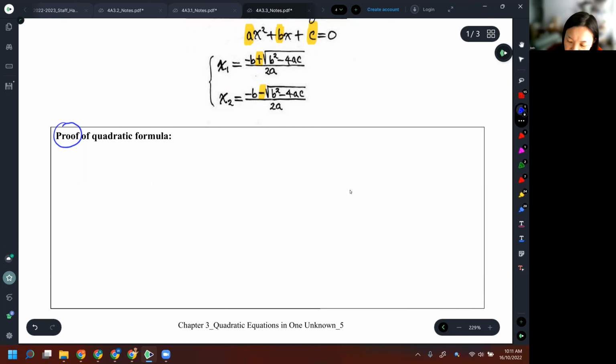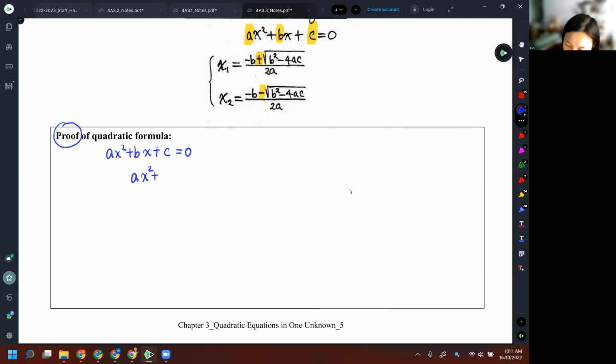I will copy the equation. I will put C on the right-hand side.